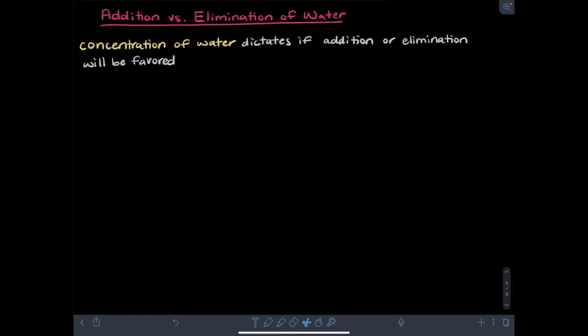Similar to hydrohalogenation, where we saw that the addition or elimination reactions could be favored under different conditions, it's also possible to have addition of water or elimination of water. Whether the alkene starting material or the alcohol product will be favored depends on the concentration of water used.